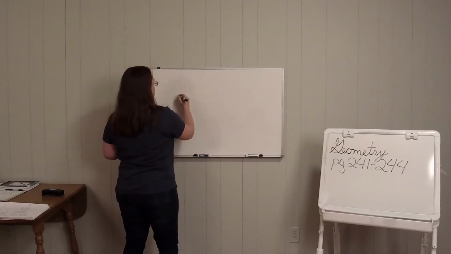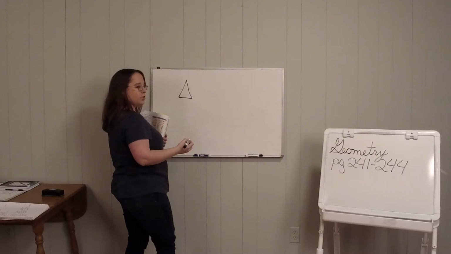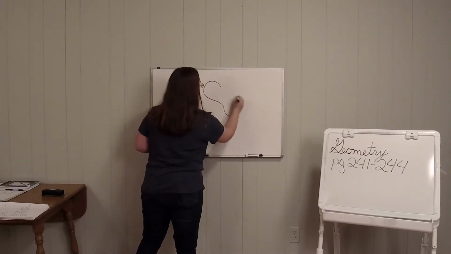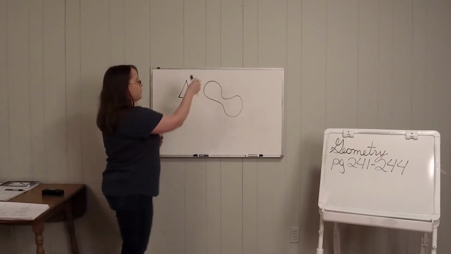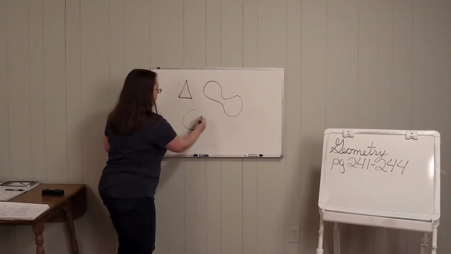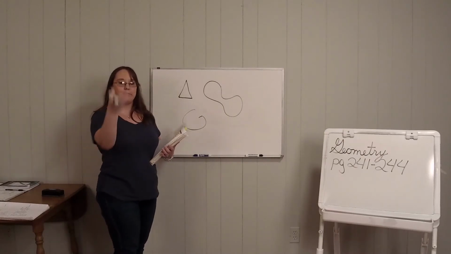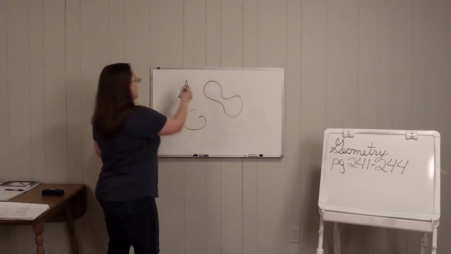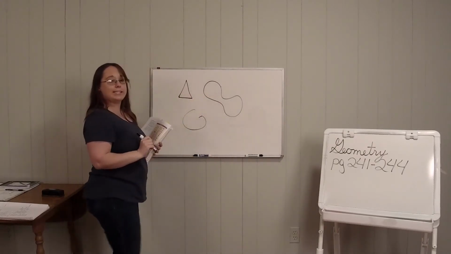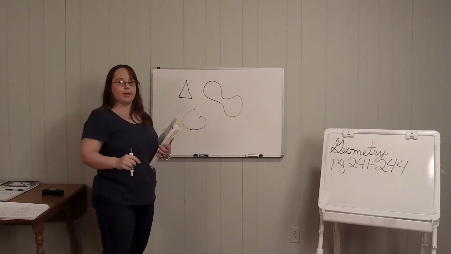So it doesn't have to necessarily be a triangle to be a closed shape. It can be something kind of funky, kind of weird looking, but it has to be closed. Now that is not a geometric shape. It's not a simple closed shape. It has an opening in it. These two would be considered a closed figure. This one would not be.